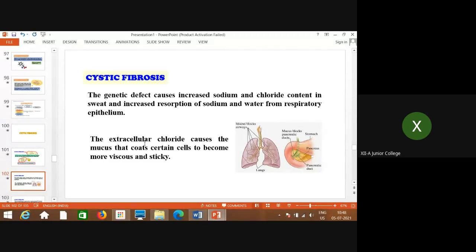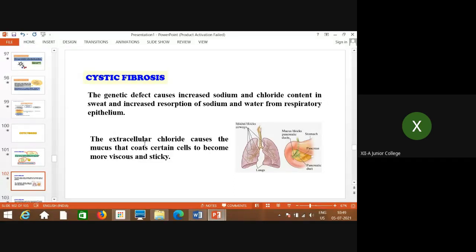This genetic defect causes increased sodium and chloride content in sweat and increased resorption of sodium and water from the respiratory epithelium. The extracellular chloride causes the mucus that coats certain cells to become more viscous and sticky.